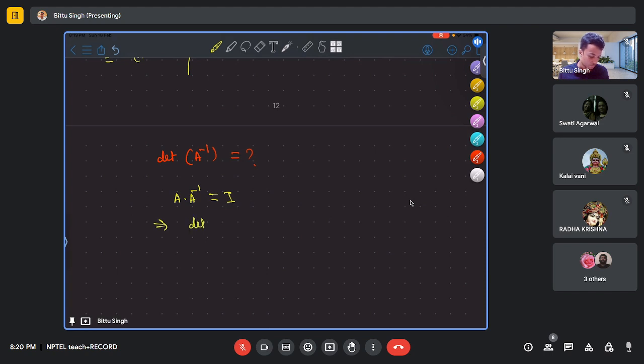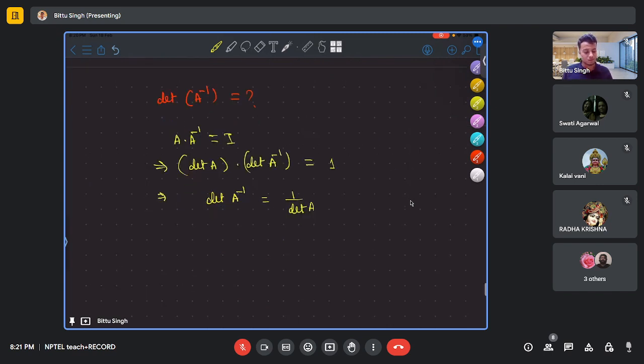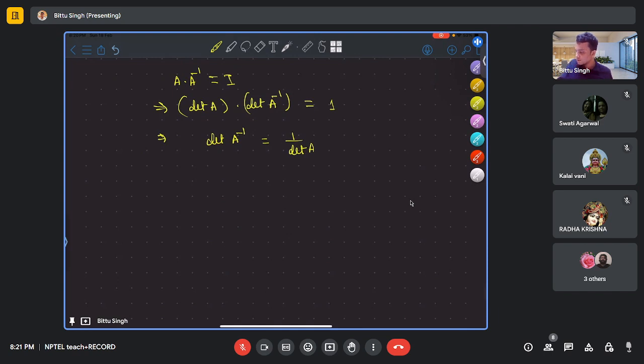It will give determinant of A times determinant of A inverse is the same as determinant of I. What is the determinant of identity? It is 1. Hence, determinant of A inverse is 1 by det A. As A is invertible, 1 by det A exists because det A is non-zero. Those are the nice formulas.